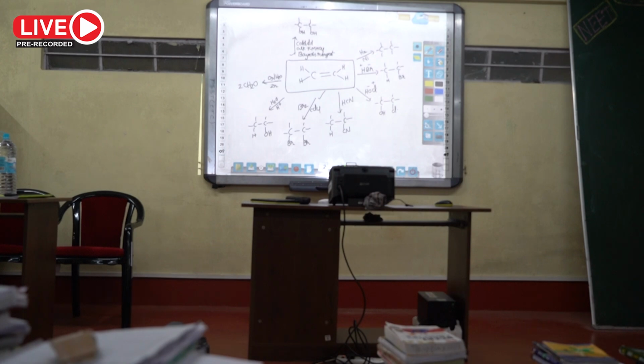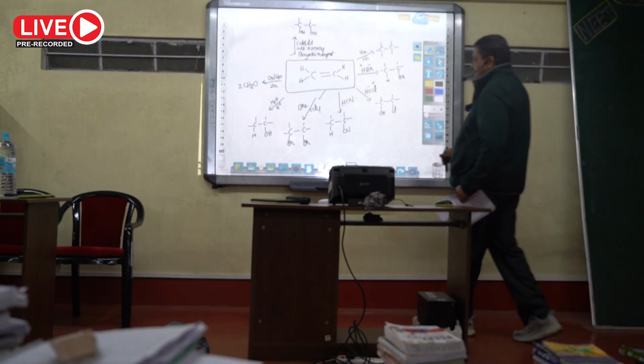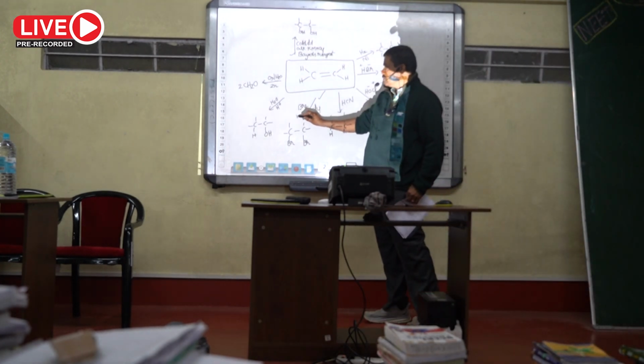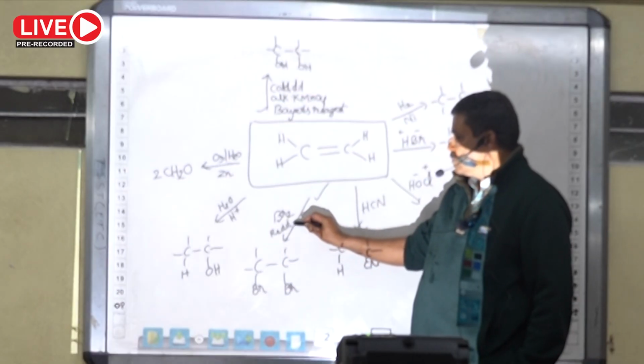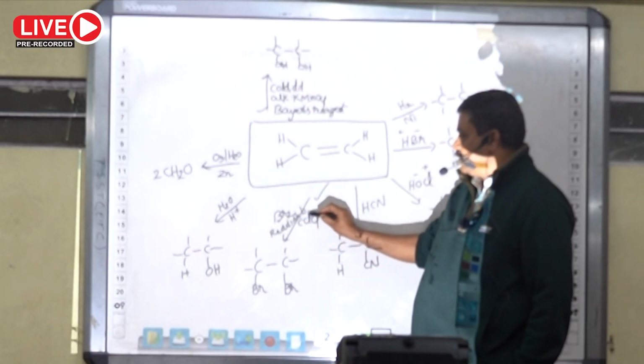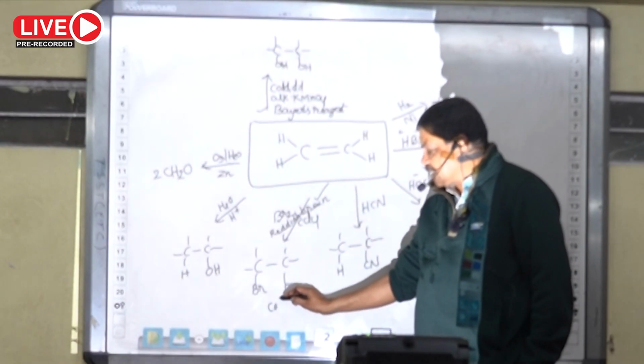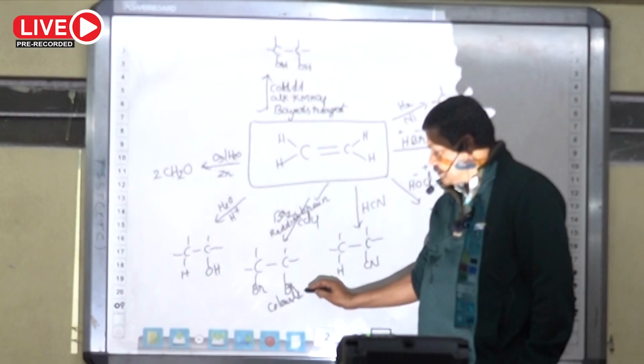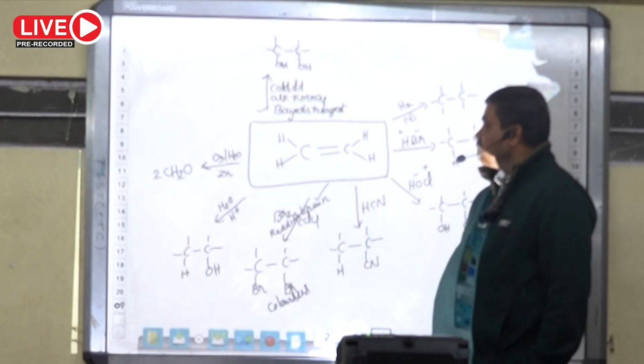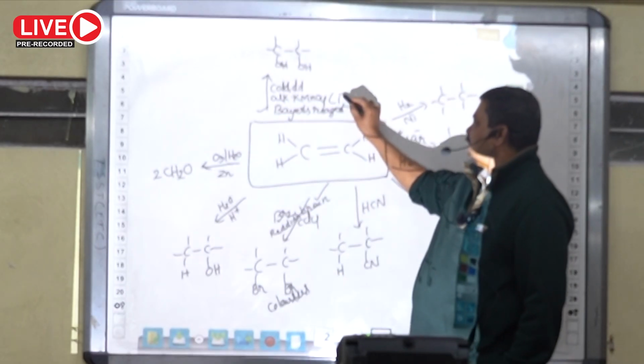Actually, bromine is reddish brown in color. The product is colorless. Here this is pink color.